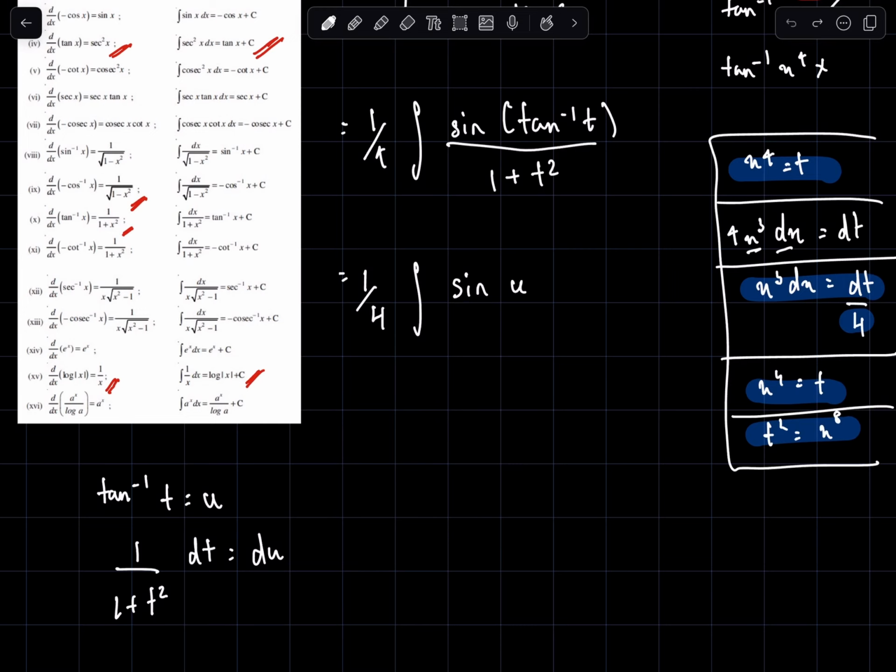Right? If you didn't get why it is sine u du, let me just make it simple. So this is sine tan inverse t. I'm sorry, sine, my bad. Sine tan inverse t times 1 over 1 plus t squared dt. Right?